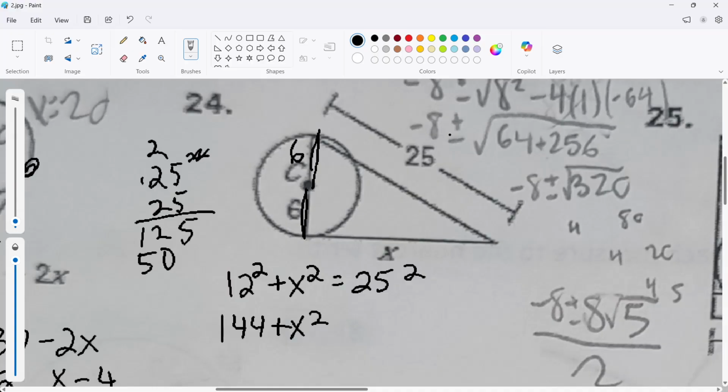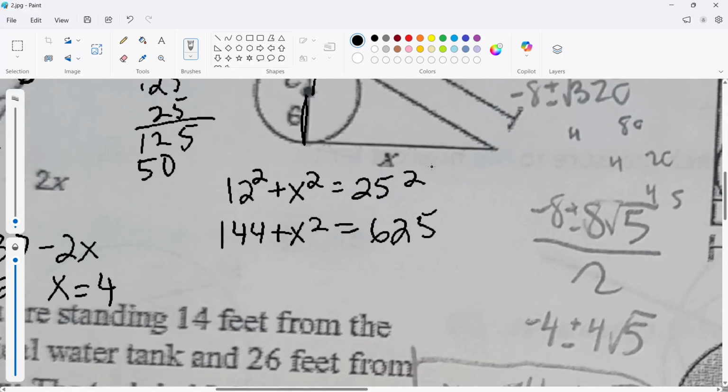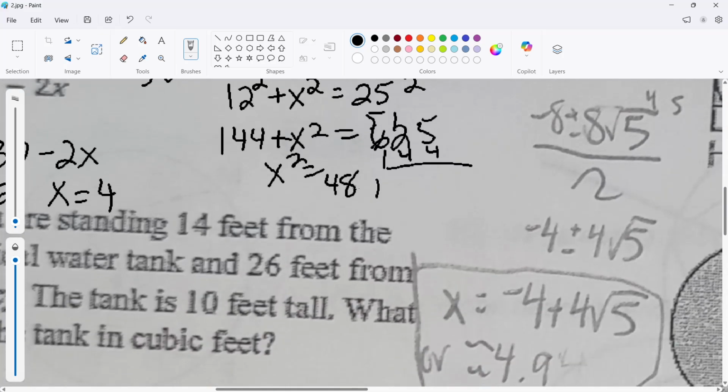Oh, I'm right, 625 equals 625. So I have x squared equals 625 minus 144, which is 481. I don't think that has any perfect square factors, so x equals the square root of 481.